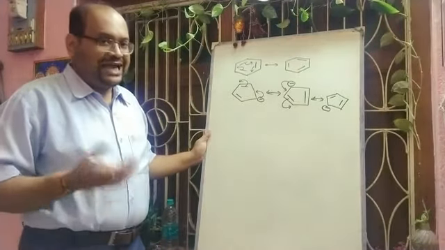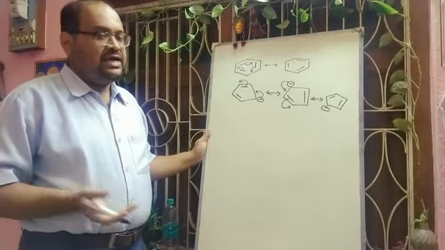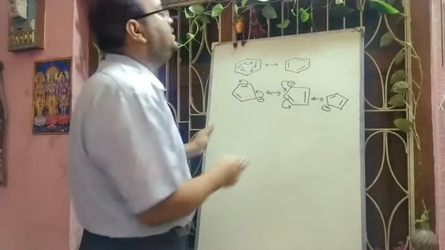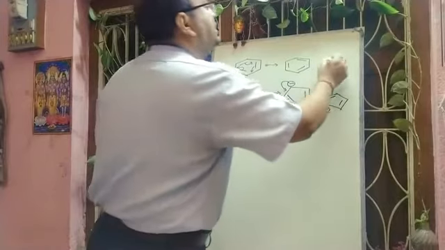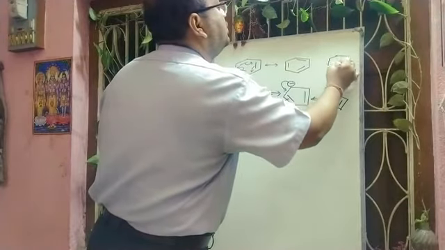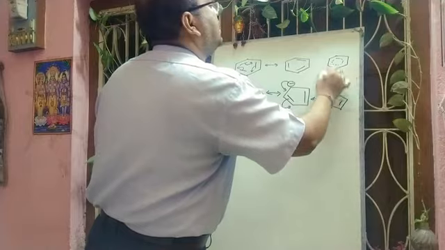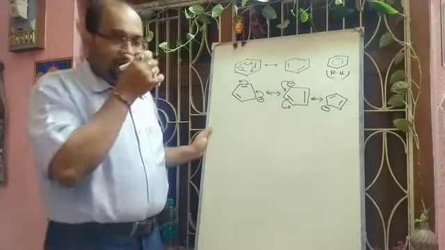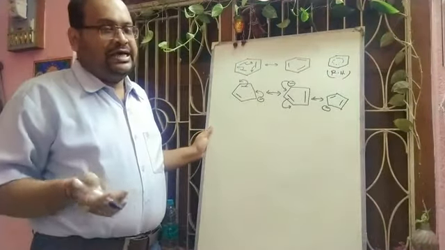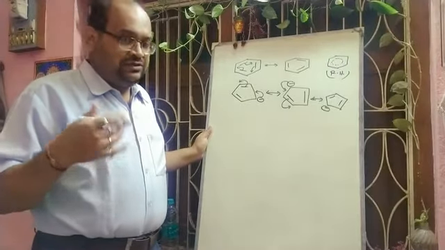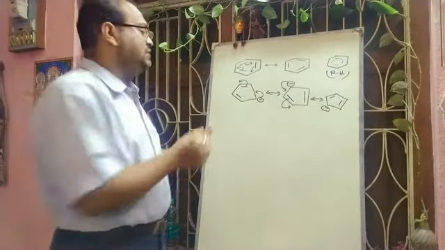Now, what will be the actual structure? The actual structure will be the resonance hybrid. So in the case of benzene, what will be the resonance hybrid? I can show you in this way. We will write the resonance hybrid. This is called the resonance hybrid. And actually, the resonance energy is the energy difference between the actual structure and the most stable canonical form.